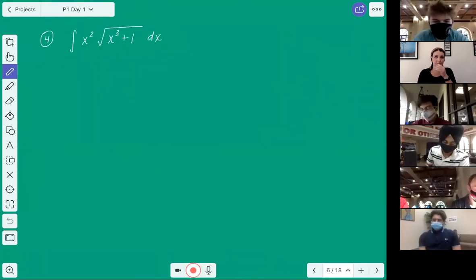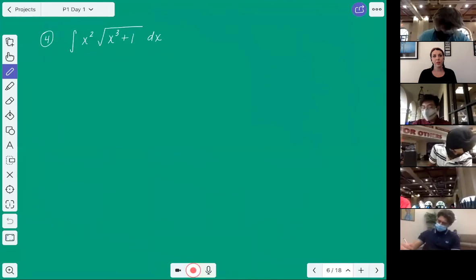All right, here's a slightly more challenging one. So we have x squared times the square root of x cubed plus 1 with the antiderivative and then the dx in there.